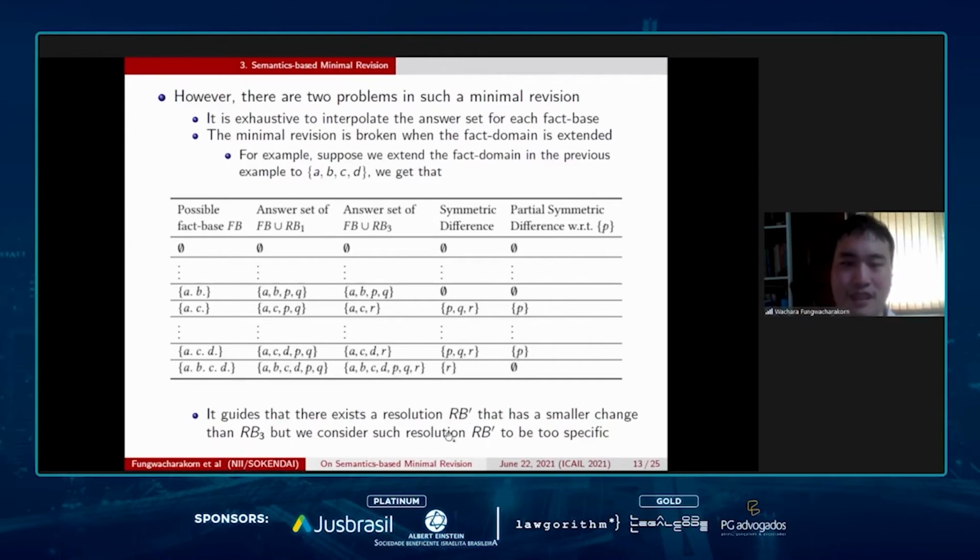However, we consider such a resolution RB prime to be too specific because we need to change two times. The first is to change for AC, and we need to reverse it back in the fact base ACD.